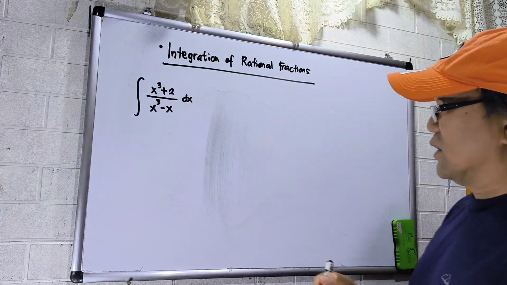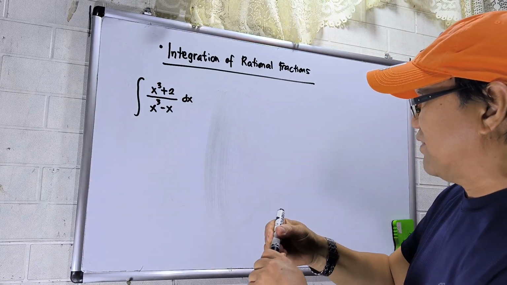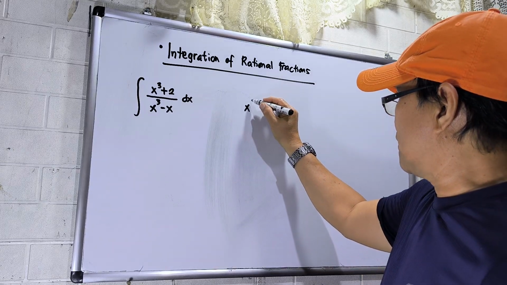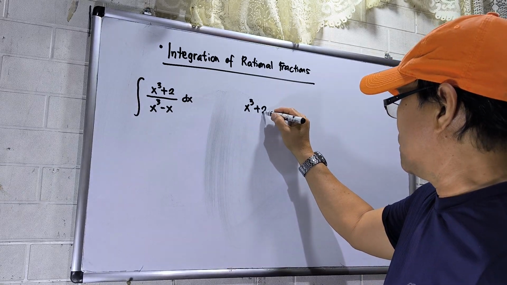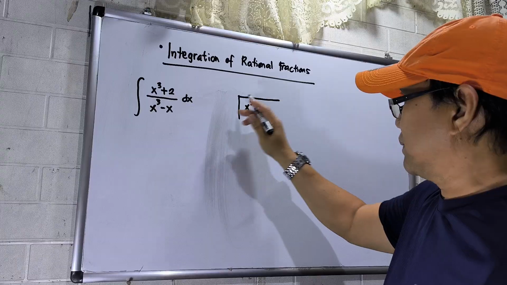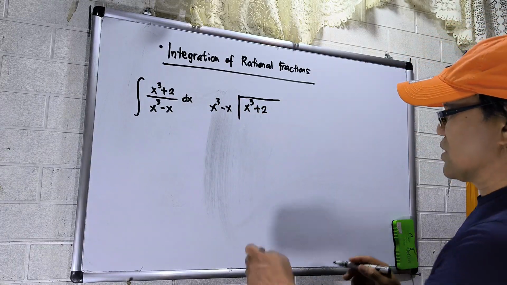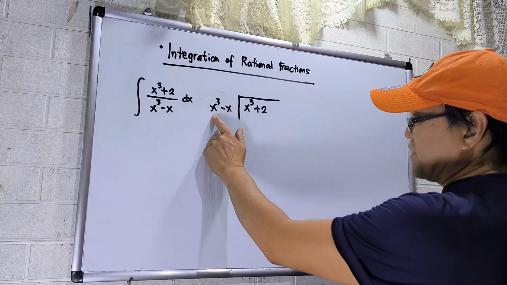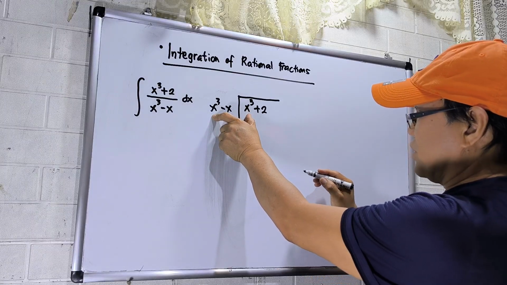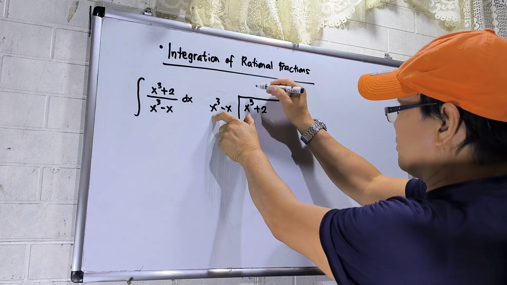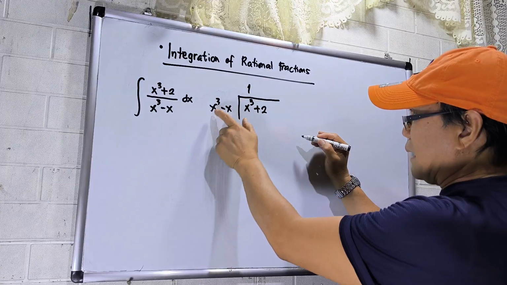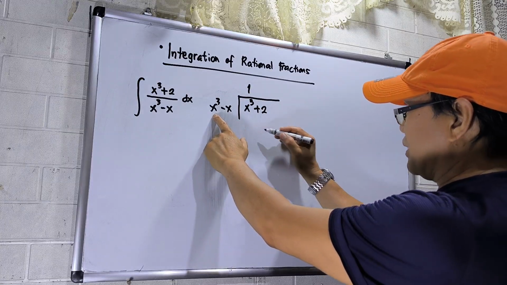In this case, we can divide x cubed plus 2 by x cubed minus x. The first term of the dividend divided by the first term of the divisor: x cubed divided by x cubed is 1. Then multiply x cubed times 1, that will be x cubed.